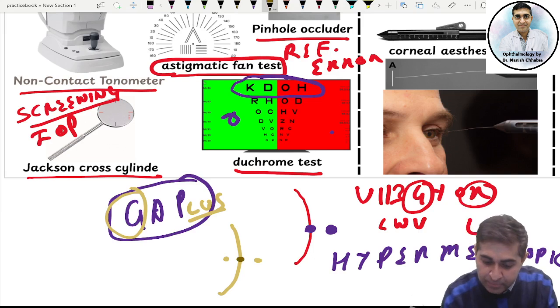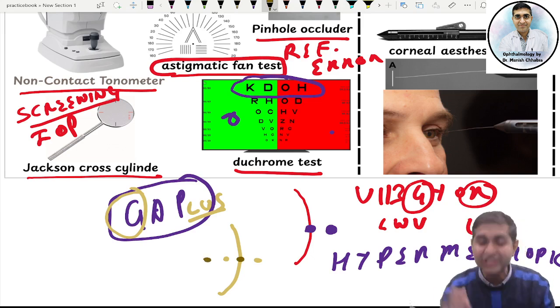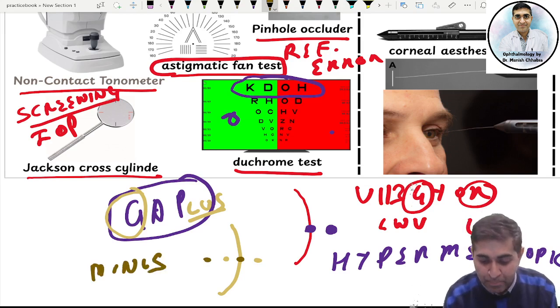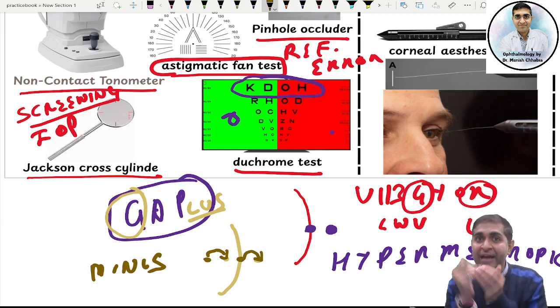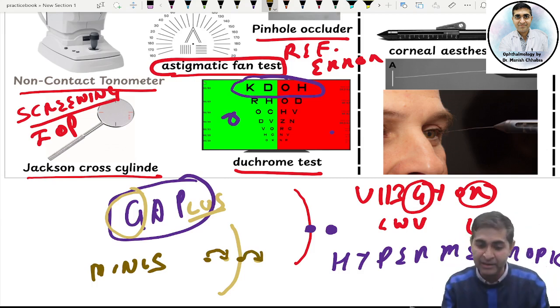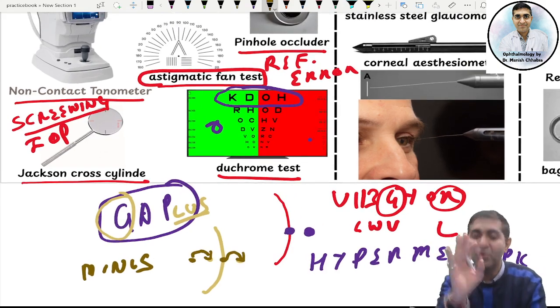When red is on the retina, that means green is more anterior to the retina. That actually tells me that you need to add minus glasses to bring the red posteriorly and simultaneously green more posteriorly, so that red appears just in front of the retina and green appears just behind the retina. So this is your duochrome test.